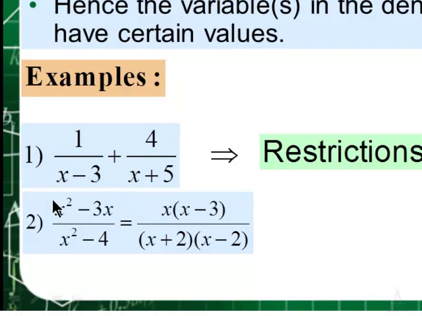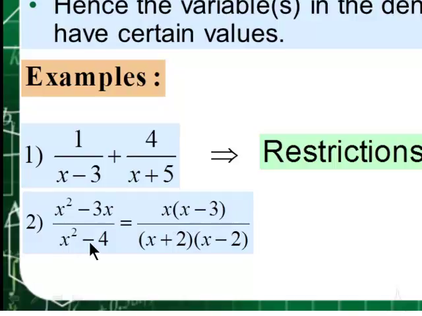Secondly, let's have a look at this algebraic fraction, which consists of one term. Clearly above and below, in the numerator and the denominator positions, factorization is possible. If you consider the first video on basic algebra, we've discussed these processes. So above the line we can take the common factor x, the unknown x in this case, and we're left with x minus 3.